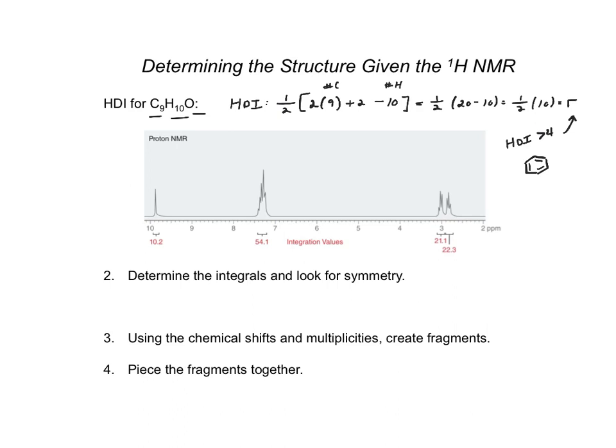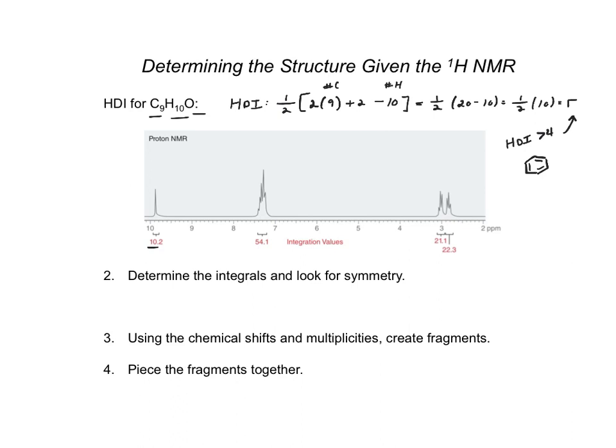Number 2, with that, we're going to start to look at our chemical shifts in our proton NMR signal, and then also the integrals for them. Remember, these integrals can sometimes be given to you as actual values, or sometimes they're going to give you the actual number, like 1 proton or 2 protons. Here we have 4 different signals.